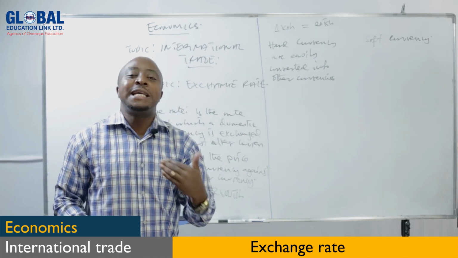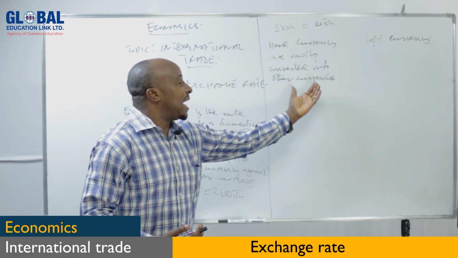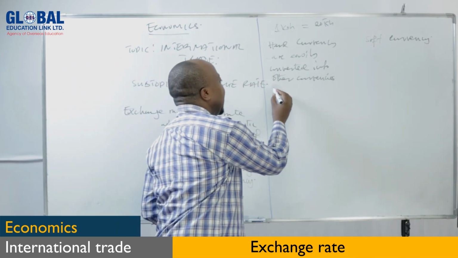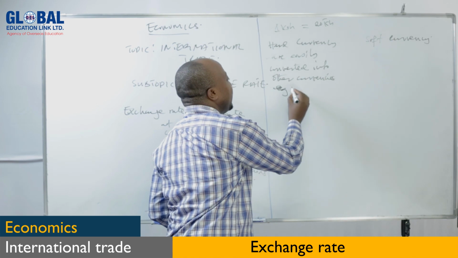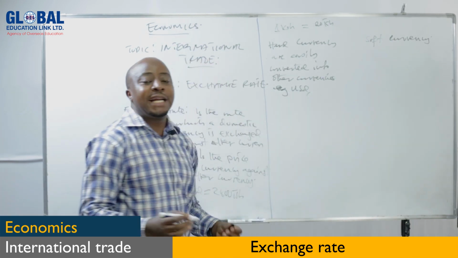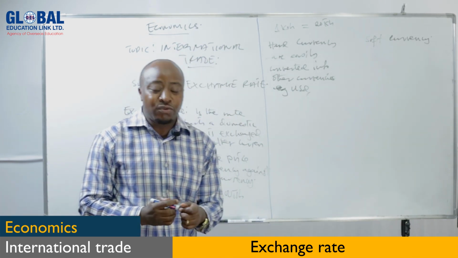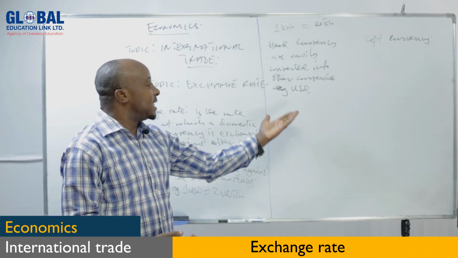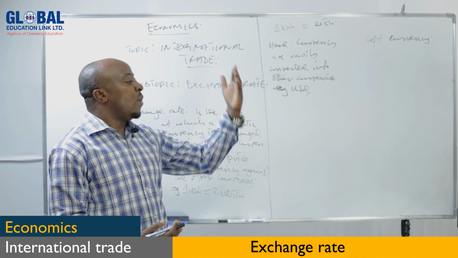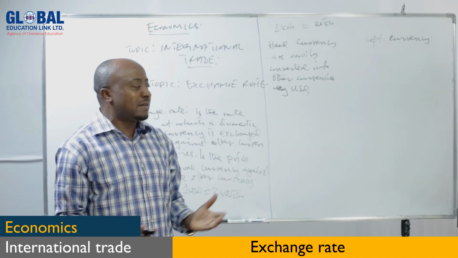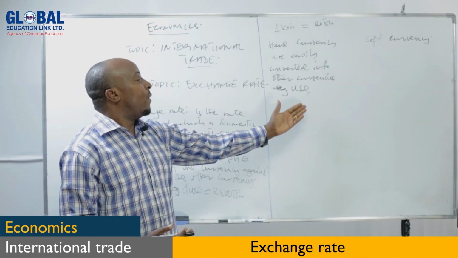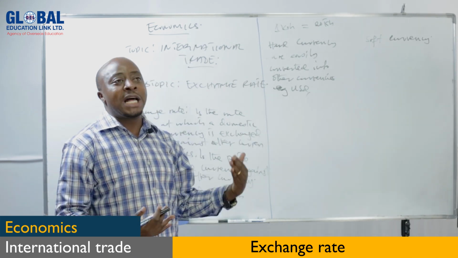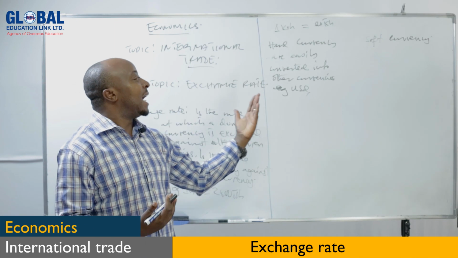When we speak of currencies like USD, this is a hard currency because it is very common to find USD everywhere. You can find it in Tanzania, you go in Kenya, you'll find USD, United States dollars, maybe in Uganda, in all countries, because this currency can be converted easily into other currencies. Then we say this is a hard currency.